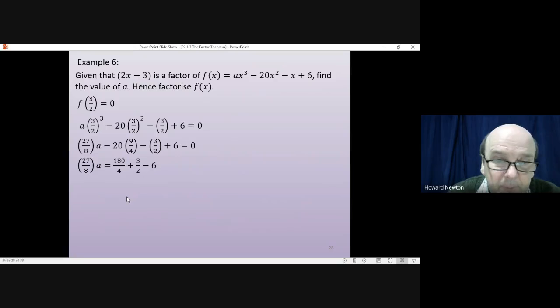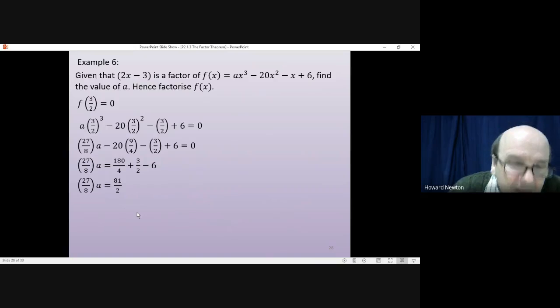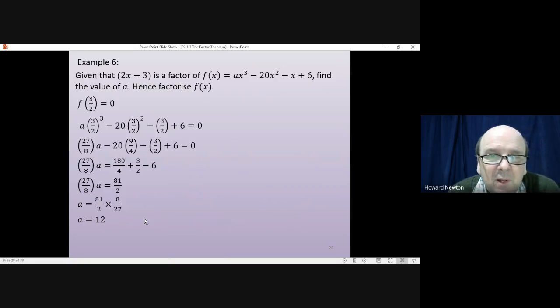Tidying things up a little bit more, multiplying out this bracket and this one will give me that. And I've also moved these to the other side of the equal sign, which is why the signs have changed. And then it simplifies to that. And finally, a will equal 81 over 2 times 8 over 27, which gives us a equals 12 for the answer.